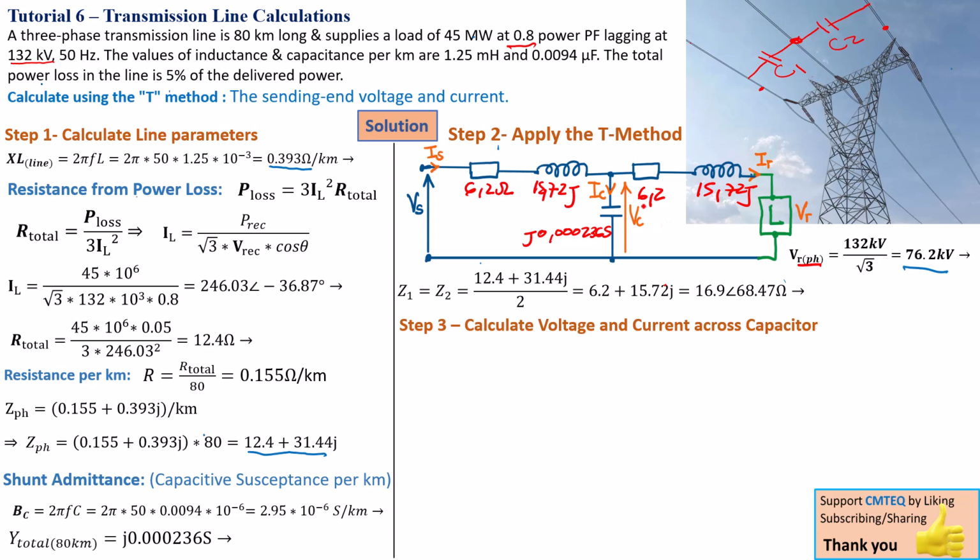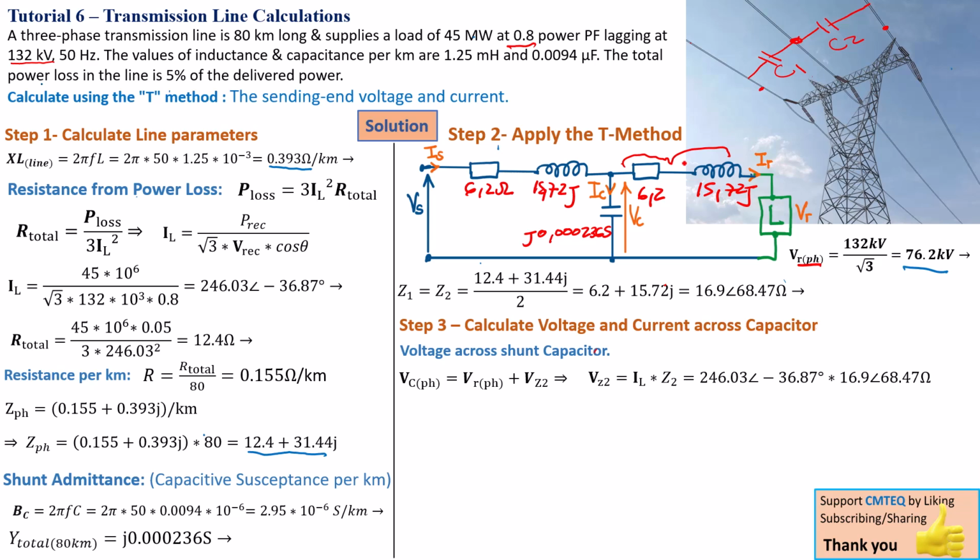We know that this voltage is equal to this voltage plus a voltage drop here, so which means the voltage across our shunt capacitance is going to be VC phase equal to VR phase plus VZ2, and VZ2 is basically this voltage that's dropping here across the one leg of the series impedance, okay, and VZ2 is IL times Z2.